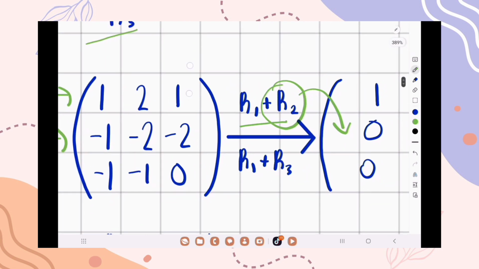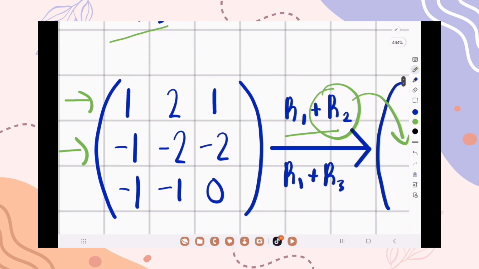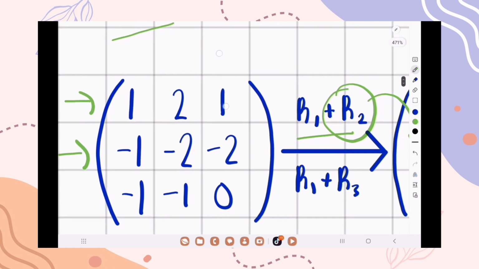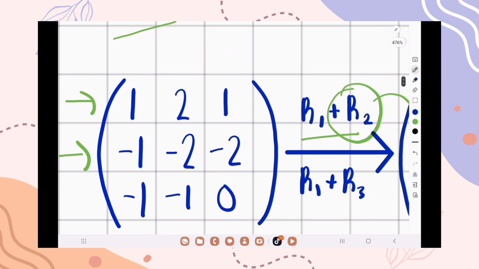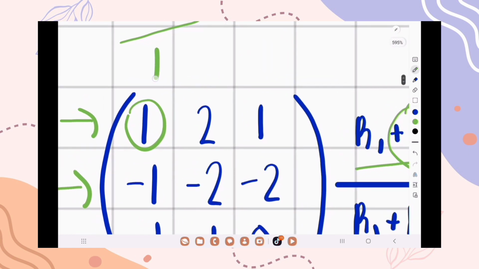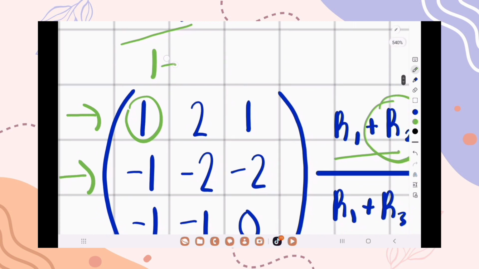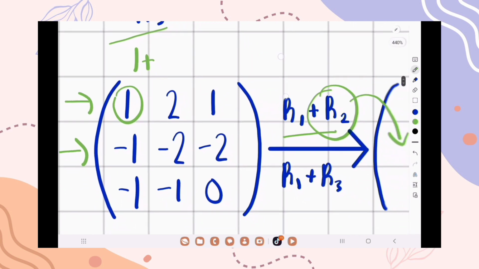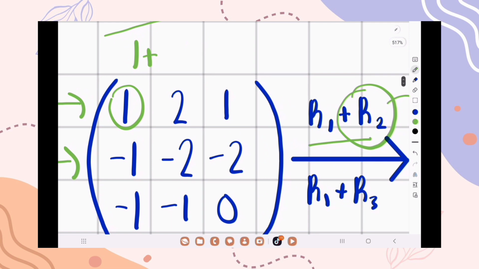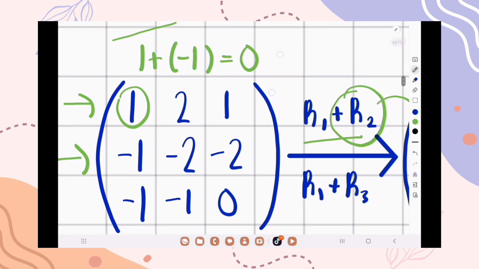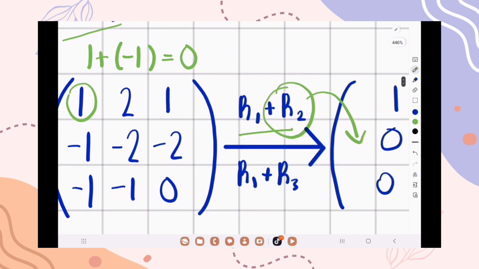So take the number from the first row, which is R1, and then insert in the equation in this order: 1 plus -1 equals 0.